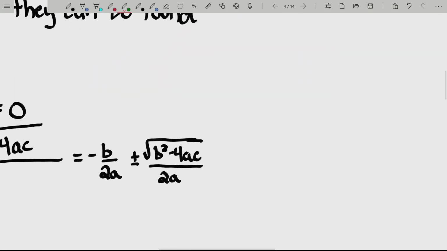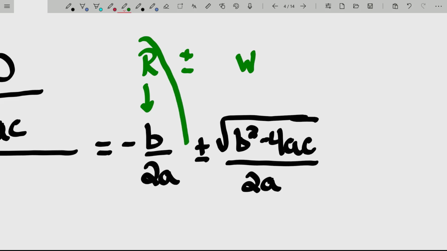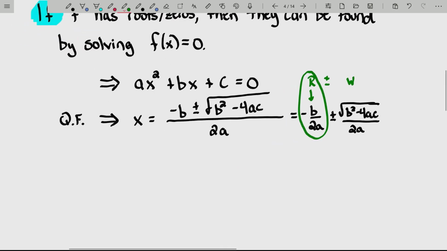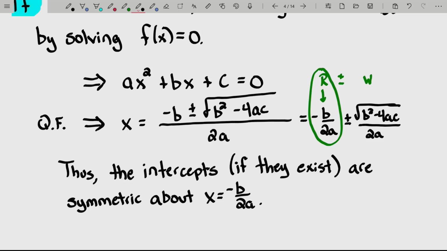Now let's go back to the statement right here. This is where the red line is, and we're going to wiggle to the right and to the left by this certain amount. So that red line is actually at the center between those two intercepts, which is at negative b over 2a. Thus, the intercepts, if they exist, are symmetric about the line x equals negative b over 2a.